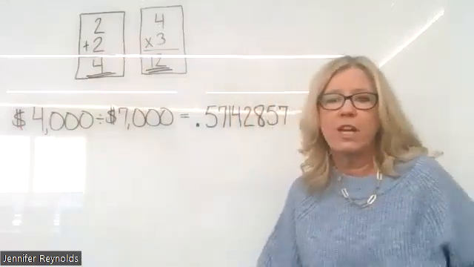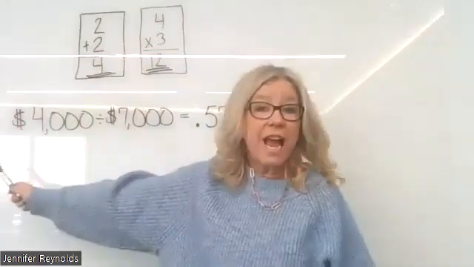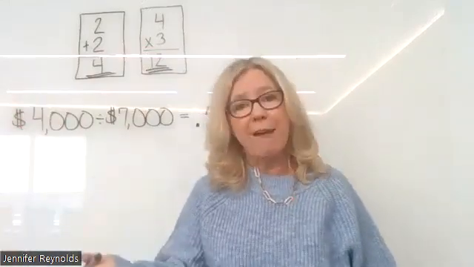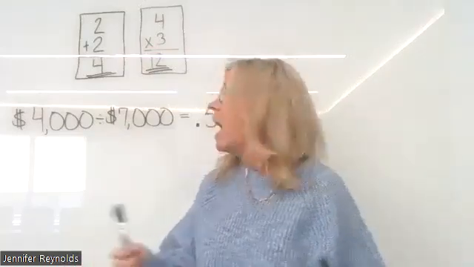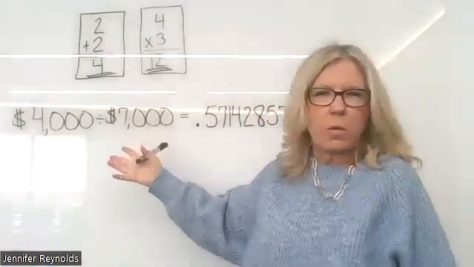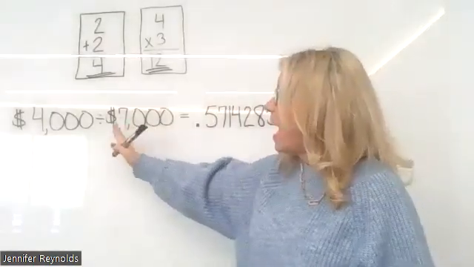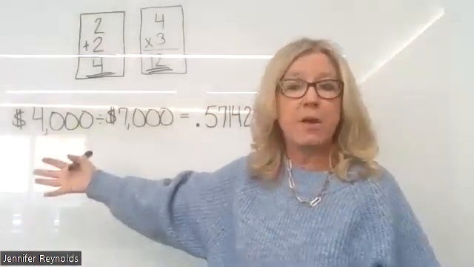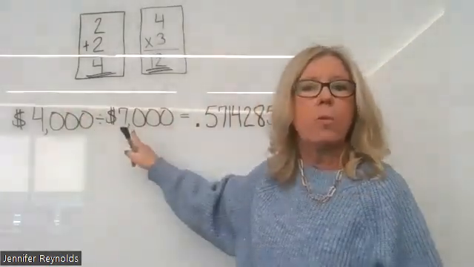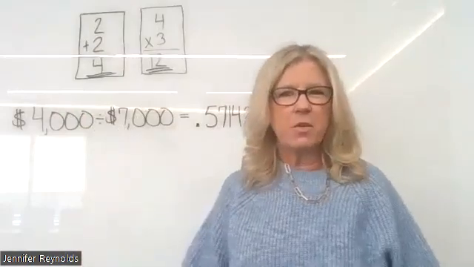Okay, the other things I wanted to go over are that a dollar sign goes before a number. It does not go after a number. If you put it after the number, I will count off. Commas: if you have 3 numbers, and then you add a fourth number to get to the thousands place (ones, tens, hundreds, thousands), we put a comma there. It just makes it easier to read.